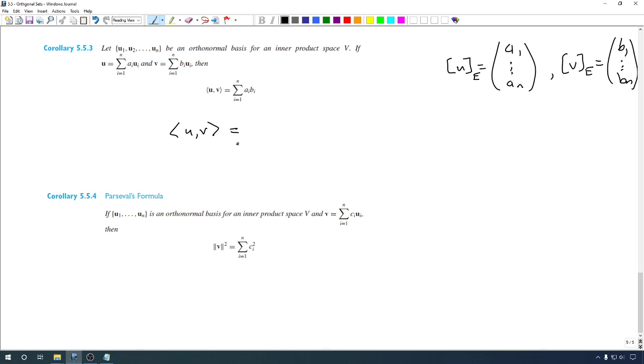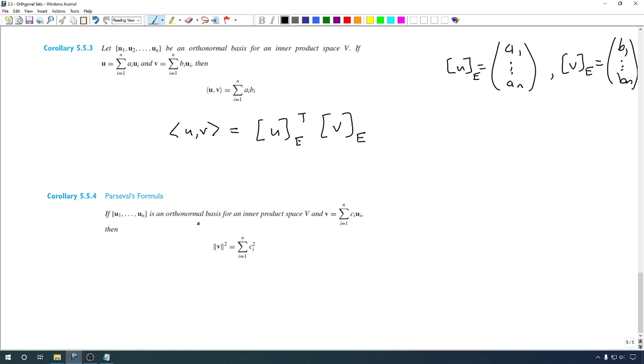So once we're working with an orthonormal basis, the inner product is given as the scalar product in the corresponding Rn of the coordinate vectors. Again, there is a proof to this in the book. It's very similar to the last two proofs, but I'm going to leave it to you to either try it yourself or to look up in the book. It's really not too hard to show.